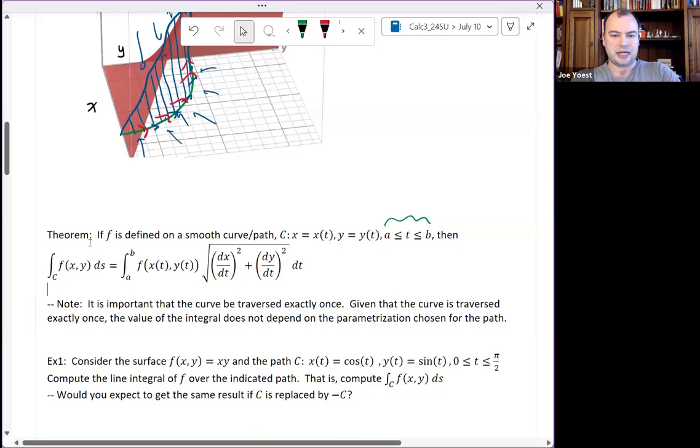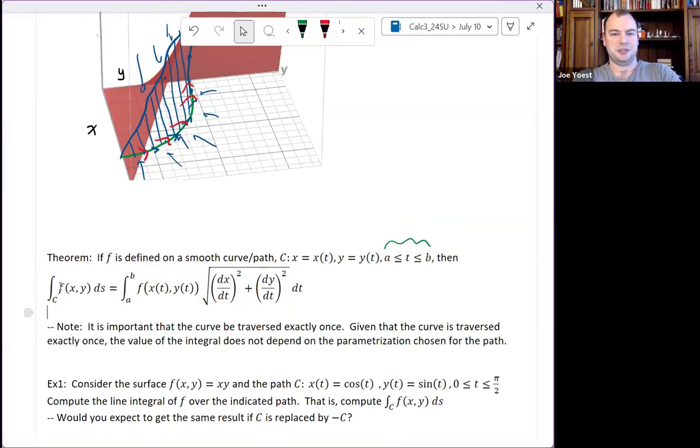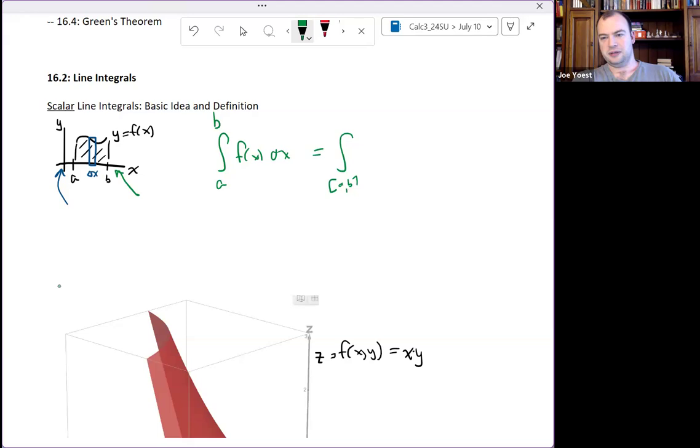Okay, so if that's true, then the line integral, the integral over C, the integral over the set of inputs C, that's how we would say integral a to b f of x dx. I suppose we could really say integral of a to b f of x dx, integral over the interval a to b.